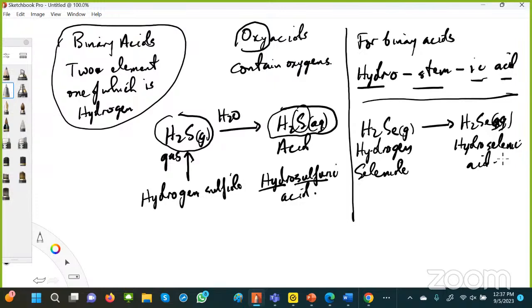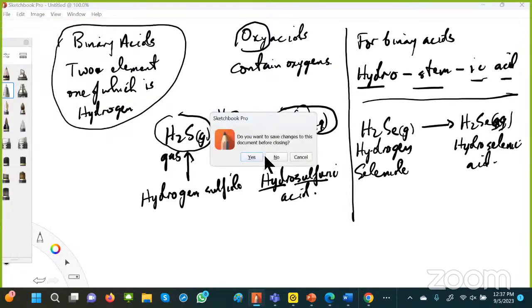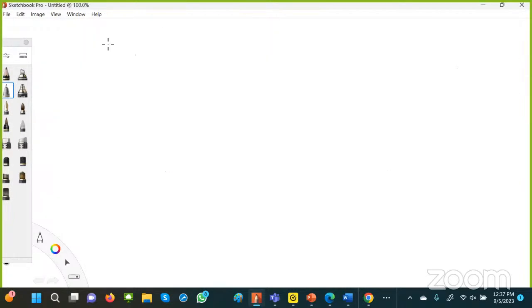We haven't gotten to oxyacids yet, right? So that's how we name binary acids. They always start off with hydro, then the stem of the name of the other element, then ic acid. All right. As far as oxyacids are concerned, let me just get rid of all of this here. There are several ways of approaching the naming, but I think I prefer this way, right?